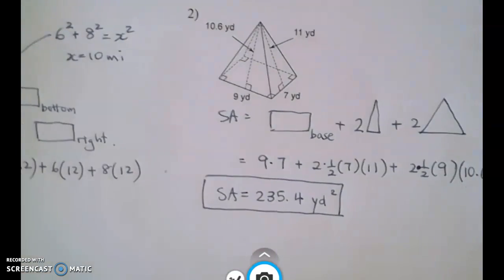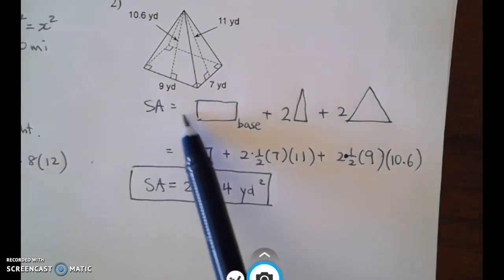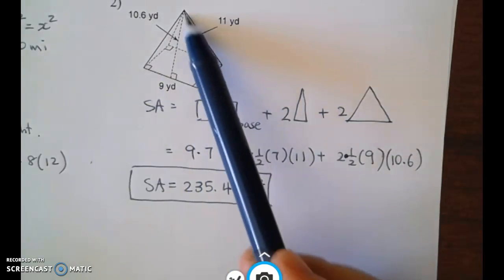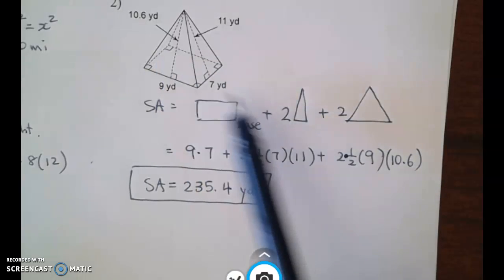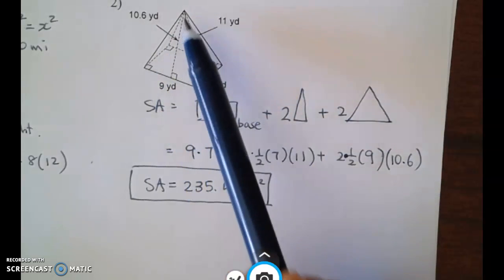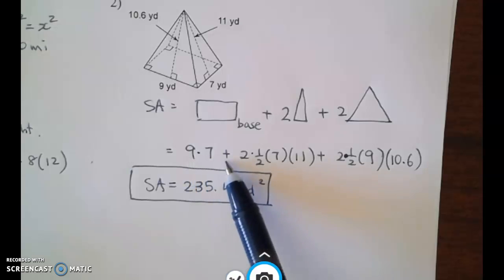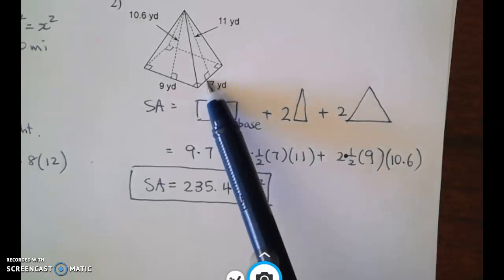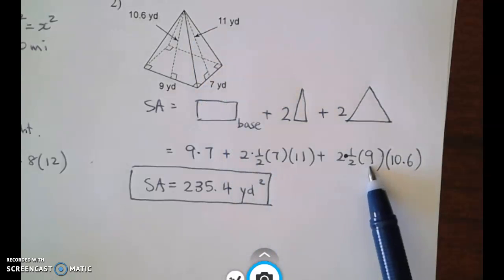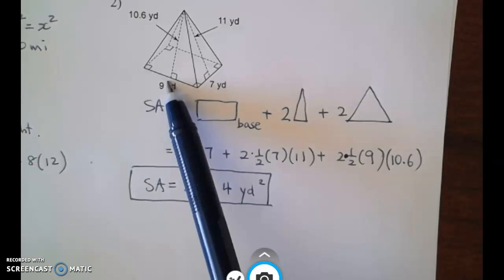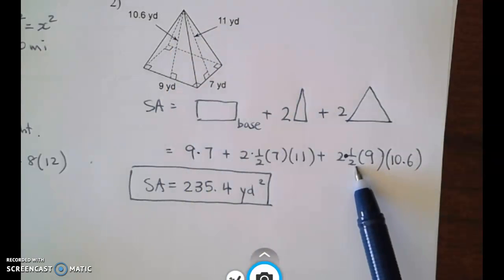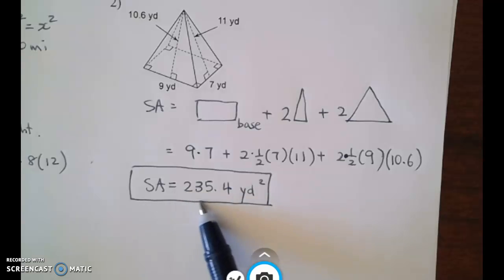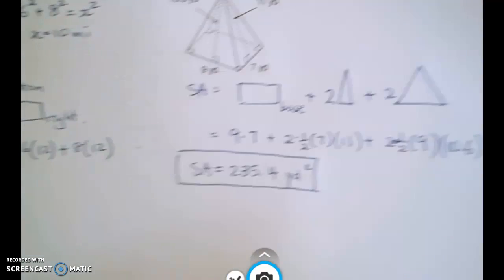Then for the second problem, again, surface area is going to be the base rectangle area plus 2 skinny triangles, and then 2 wider triangles here, which comes to 9.7 plus 2 times half times 7 times 11 for the skinny triangle, and then for the wide triangle it is going to be 9 times 10.6 times half, because it's a triangle and we have 2 of those, and so it comes to 235.4 yards squared.